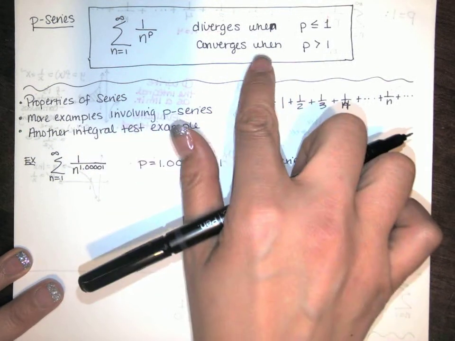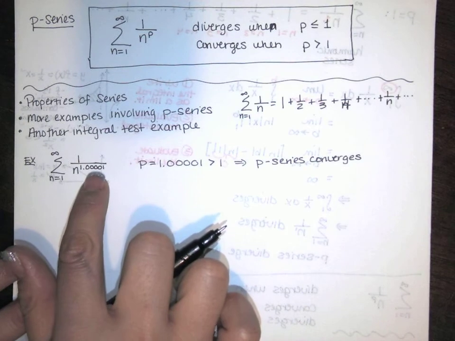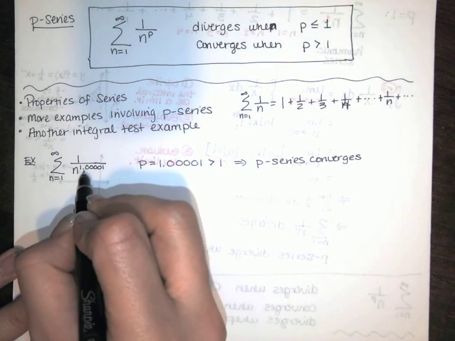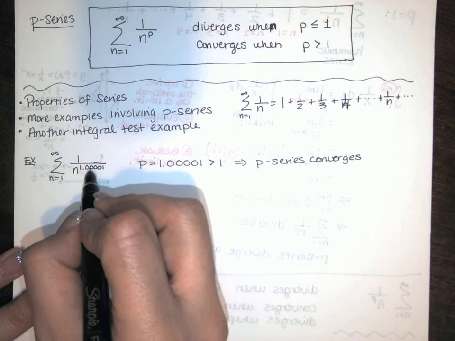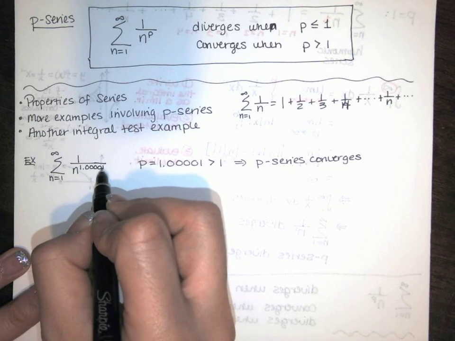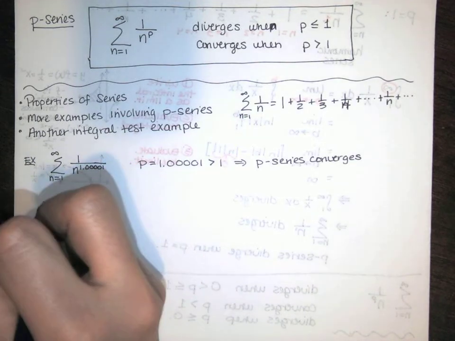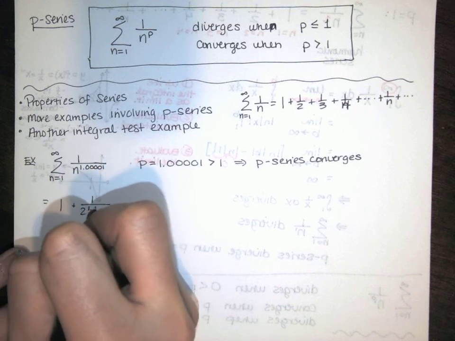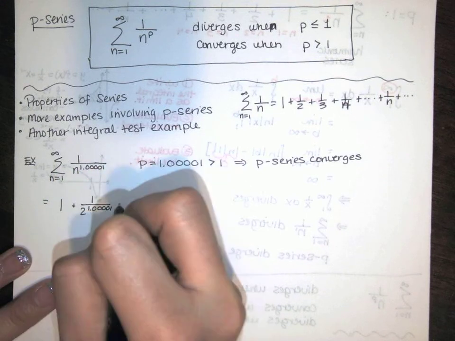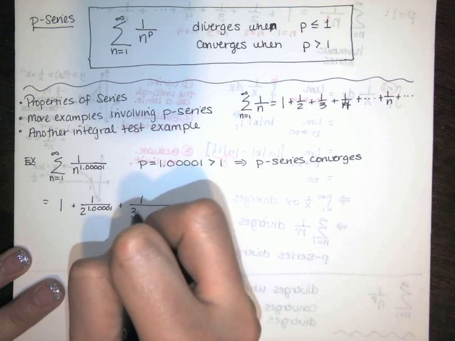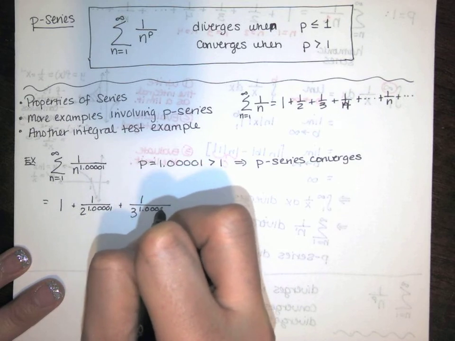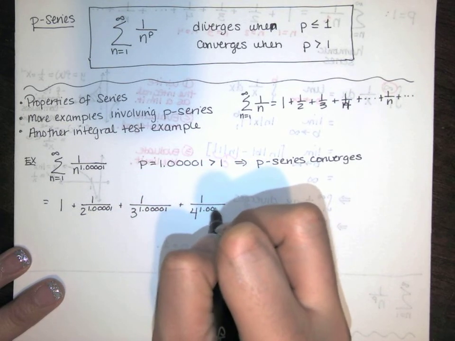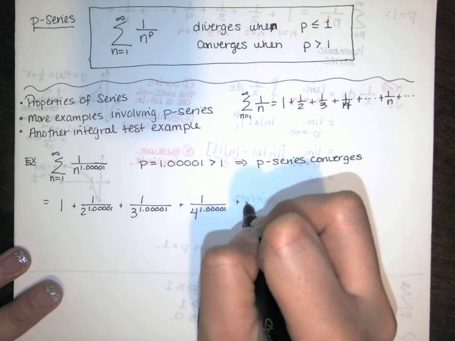The p-series converges when p is greater than 1, even if it's only a tiny bit greater than 1. Even if p is only 0.00001 greater than 1. So I've got 1 plus 1 over 2 to the 1.00001 plus 1 over 3 raised to the 1.00001 plus 1 over 4 raised to the 1.00001.